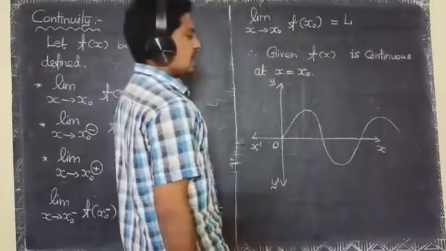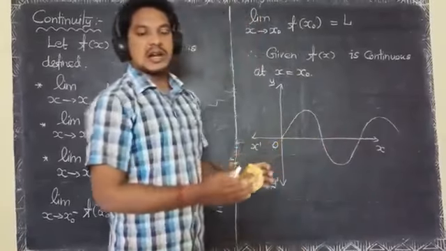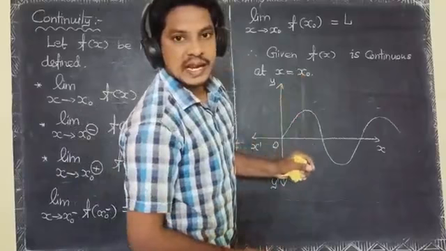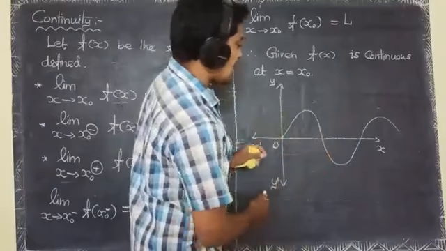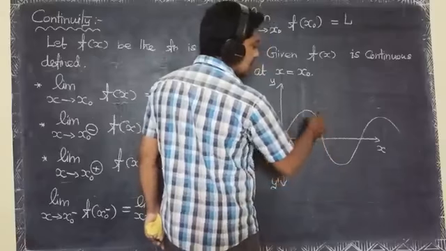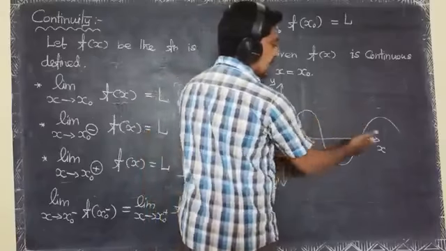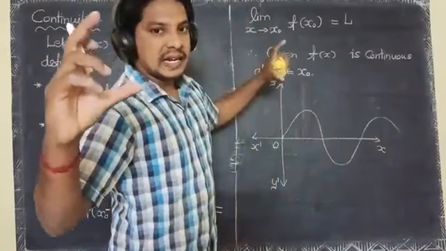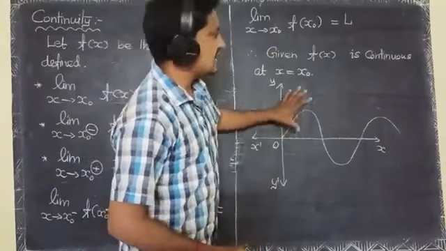Here the curve has no breaks at any point. It means the curve has no break at any point. Therefore the given curve is continuous over the entire interval, so the given function is continuous.